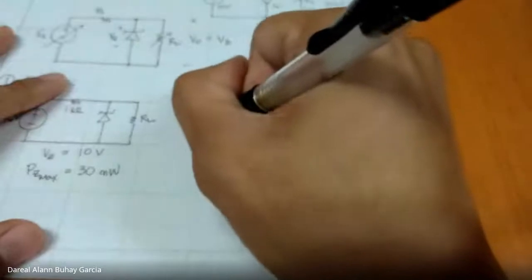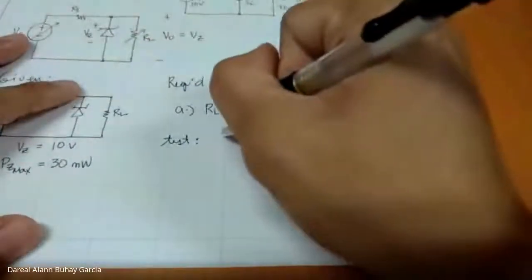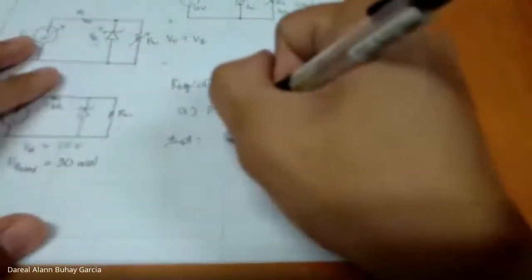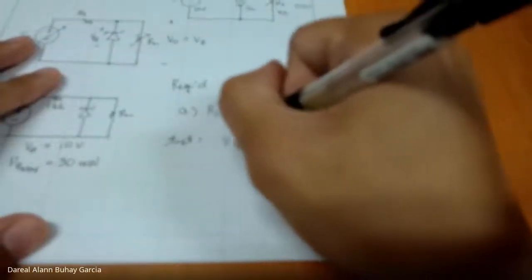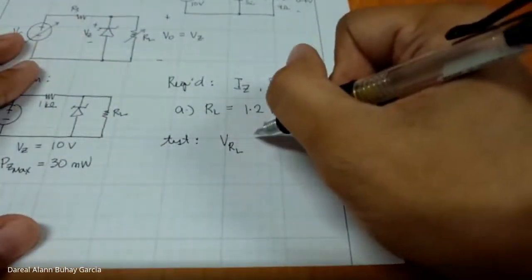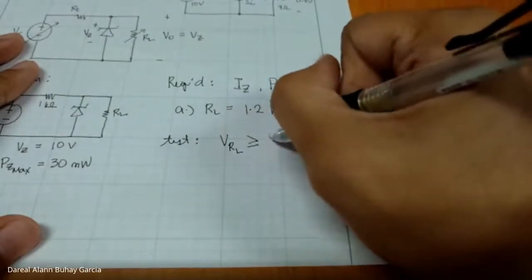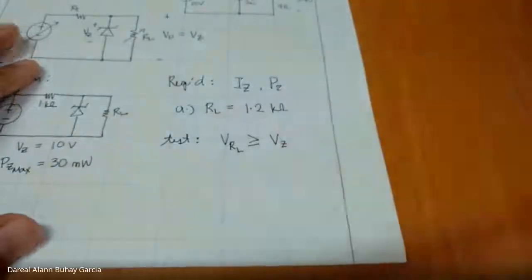First test is we'll try to see if VRL or V2 is greater than or equal to VZ. Okay.